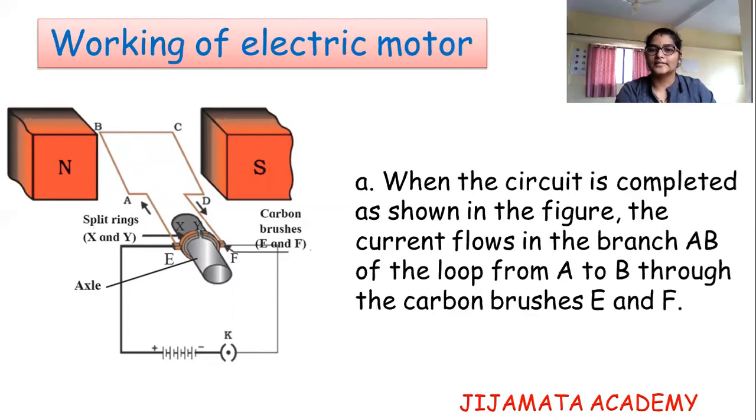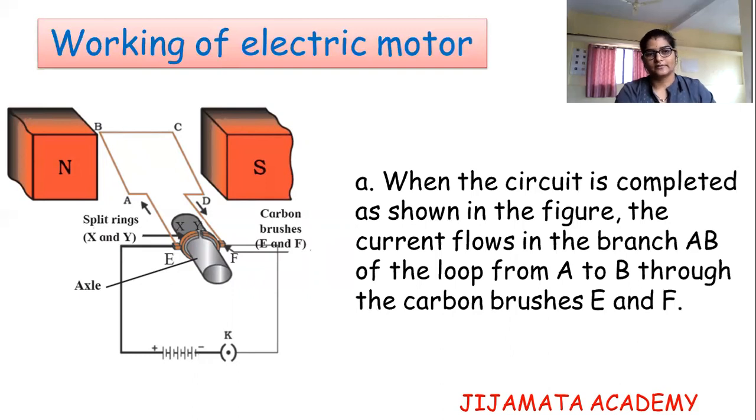So when the circuit is completed as shown in the figure, current flows in the branch AB of the loop from A to B through carbon brushes E and F. As soon as we place the plug key, current will start to flow from the positive terminal to the negative terminal, from brush E to A, B, C, D, and then F, and then return back to the battery.